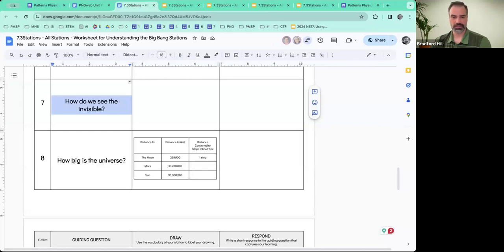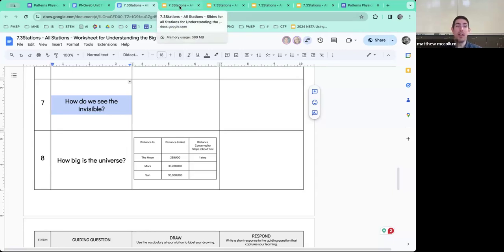How big is the universe? Yeah, so just reiterating that lots of these stations are hitting on those same ideas, and also coming back to our waves unit, like talking about infrared, looking at that stretched light. This next one, how big is the universe? Does a good job, has a video with it, trying to give a sense of scale of the universe.